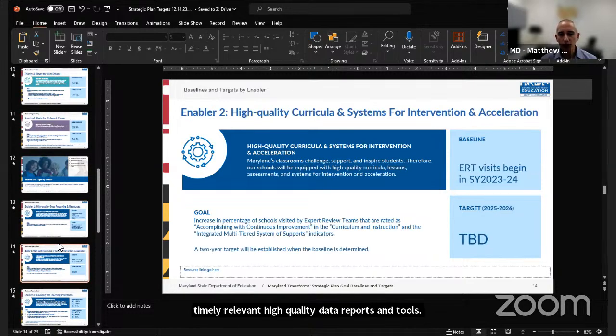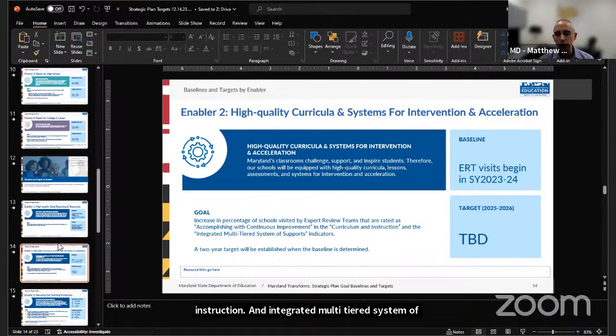Enabler 2 is to be determined. The goal for this enabler is to increase the percentage of schools visited by the expert review teams that are rated in the highest category in curriculum instruction and integrated multi-tiered system of supports indicators.